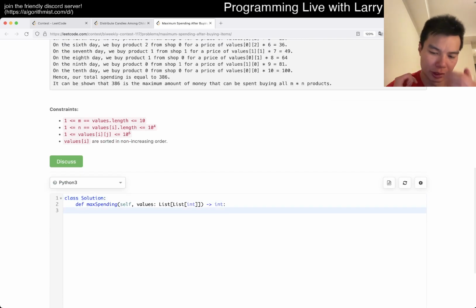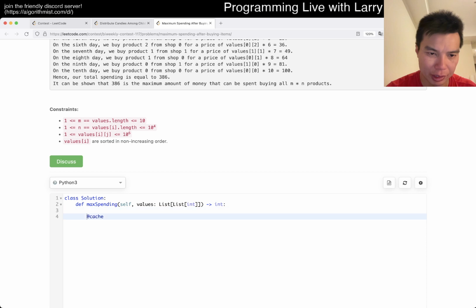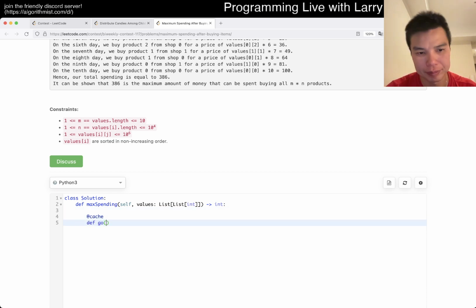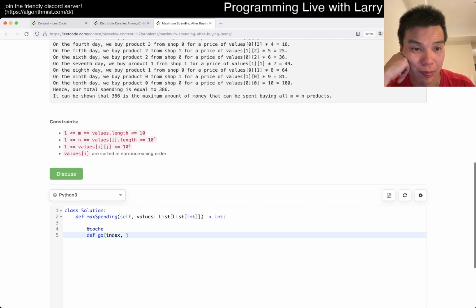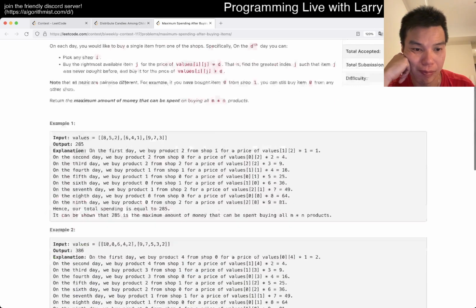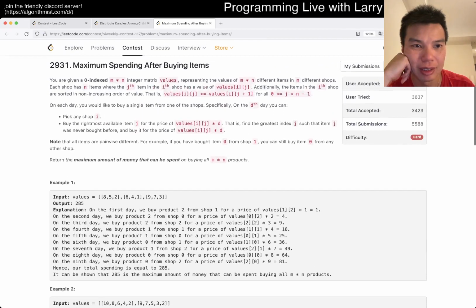So basically, what does the dynamic programming look like? You want to index on the shop, and then how many items to buy, maybe. What is the D again? How many days do we get? Oh, I see.